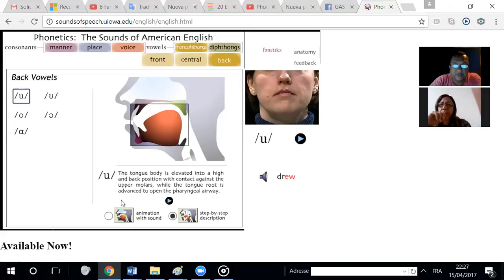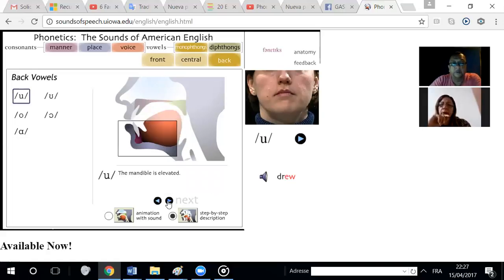Perfect. Well said. Ooh, the mandible is elevated. The lips are rounded and protruded. It means that your lips are going to be ooh, ooh, ooh.